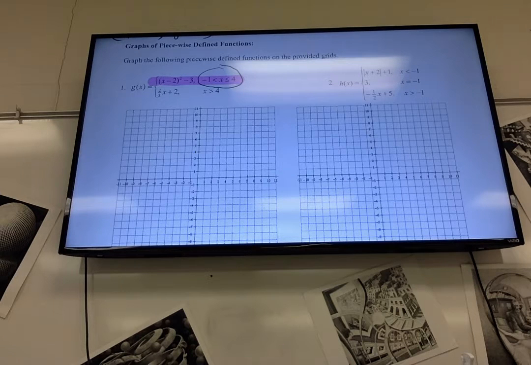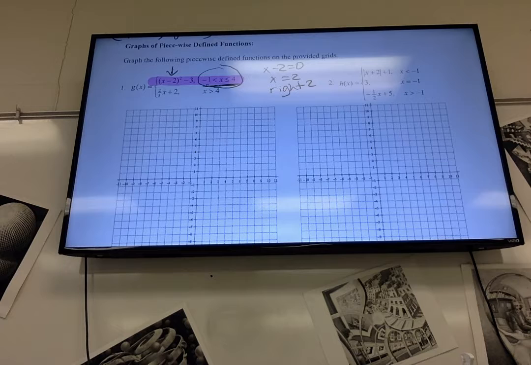Okay, so I know that if it's a quadratic in here, that -2 means that it's going to go to the right 2. And 2 is in between -1 and 4, so I can use that point.